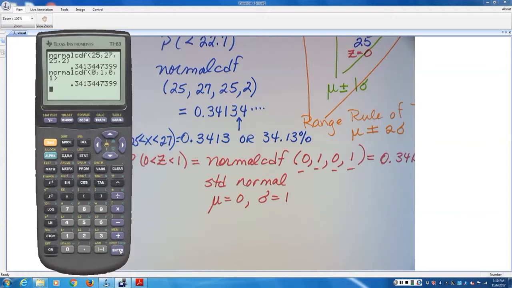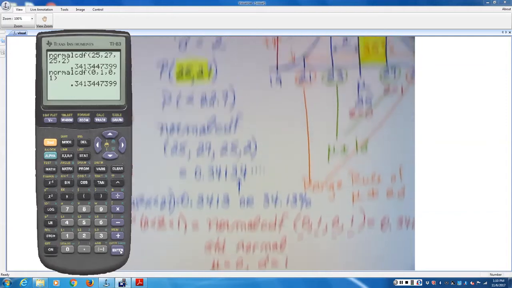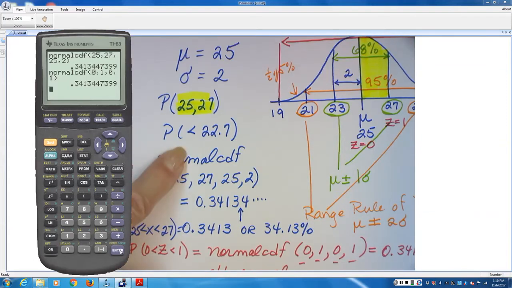And the other one that I put up here, what's the probability that it's less than 22 minutes?